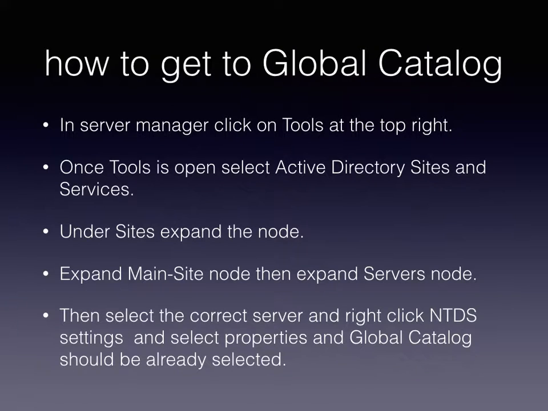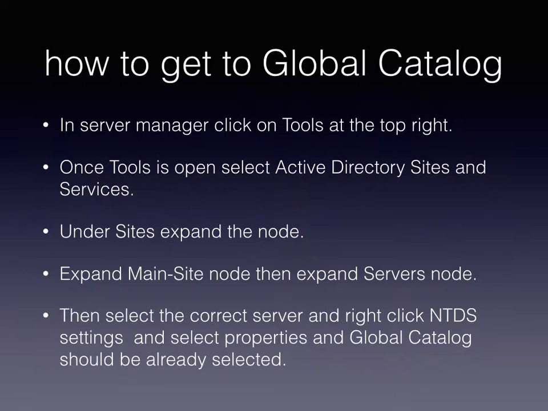How to get to Global Catalog. In Server Manager, right-click Tools at the top right. Once Tools is open, select Active Directory Sites and Services. Under Sites, you will see a node right beside it. You click that to expand the node.